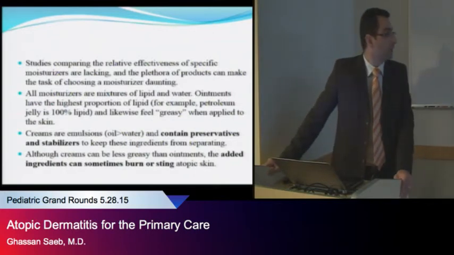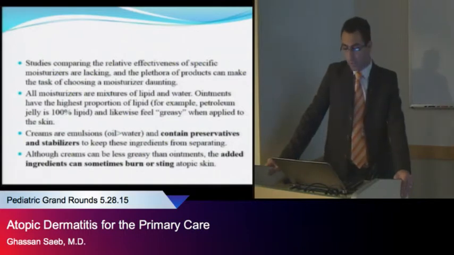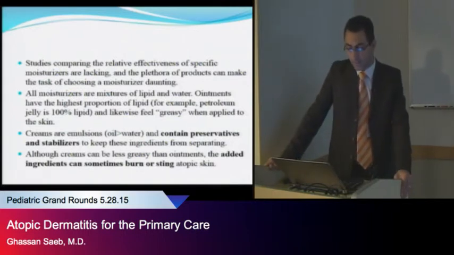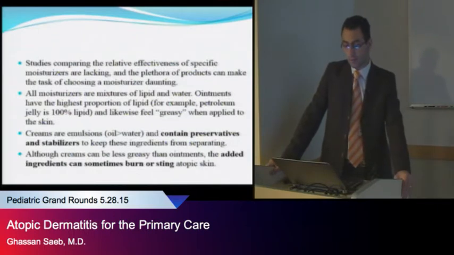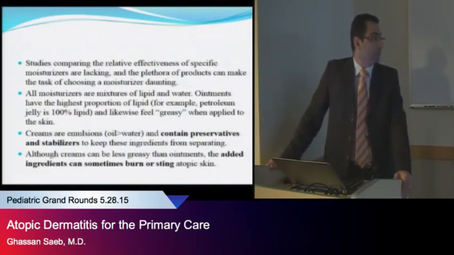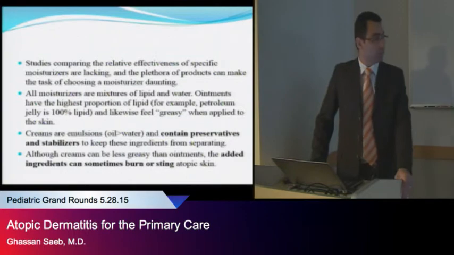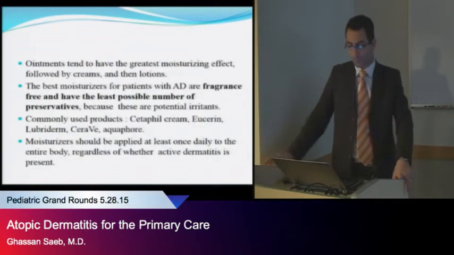Creams and emulsions are much more tolerable. They still have oil more than water, but they contain preservatives and stabilizers to keep these ingredients from separating. But they can be a source of irritation because of the preservatives, and they can burn and sting.